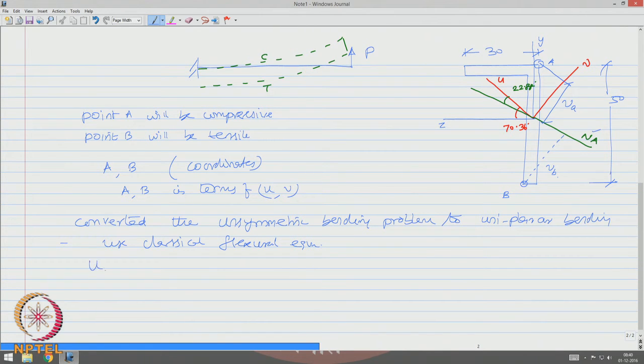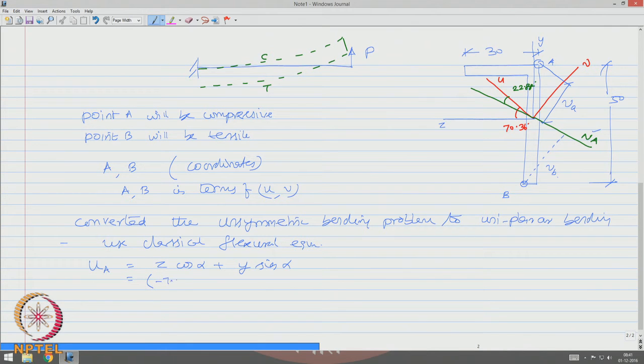So, I need to find u A, which will be z cos alpha plus y sin alpha. We already derived this equation earlier. Let us substitute the values of the distances already known to us.